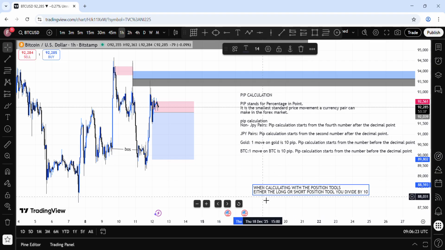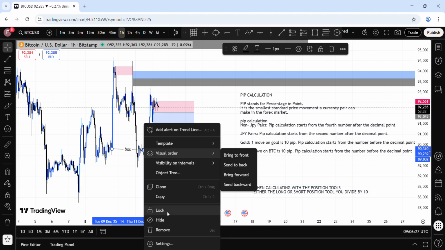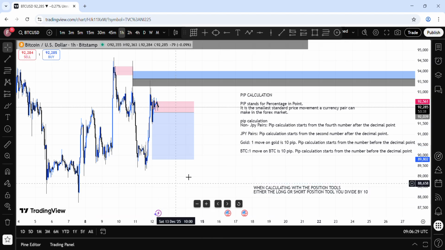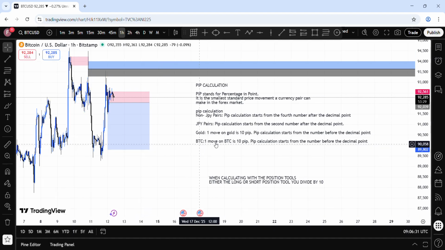So on BTC, one move is 10 pips, and the pip calculation starts from the number before the decimal point. You can already see that most of them are in whole numbers, but where we have a decimal point, we are not using it, we're just calculating based on the whole numbers.